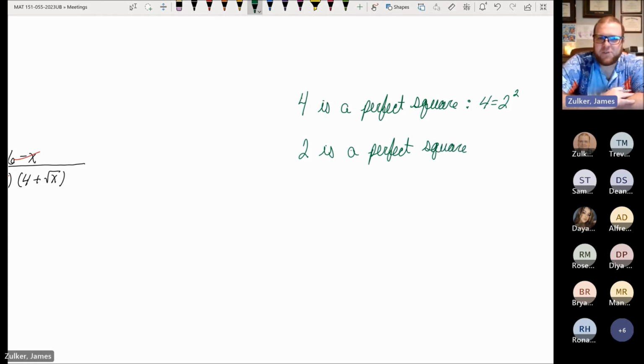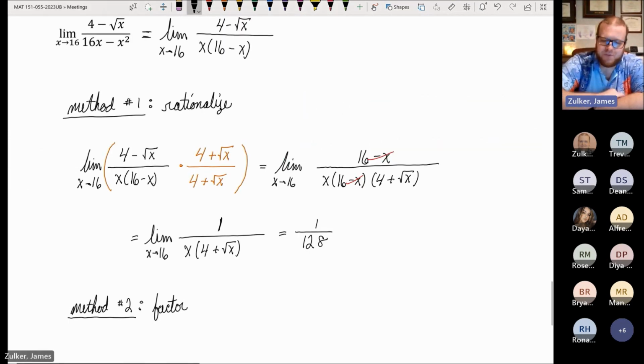Isn't 2 technically a perfect square? Two is just the square root of 2 squared. So yes, 16 minus x can be factored. It's a difference of squares.